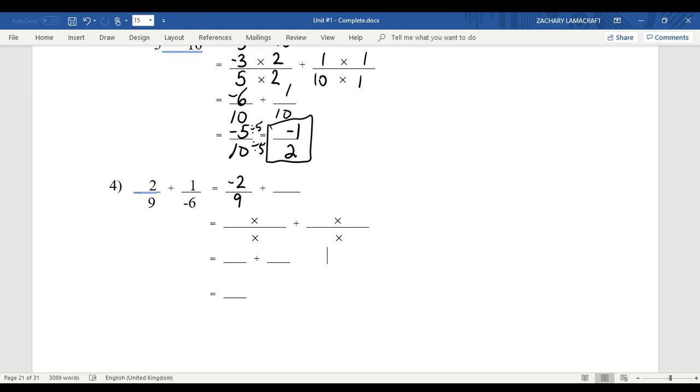I apologize. What do I have to do with that, Nazir? Move it here, right? Is that where you're getting at? Yeah, so we always put that negative sign on the numerator or the top number, okay? It just makes things a little bit easier, and it just organizes it way better. Especially when we have the same denominator, all we're doing is adding or subtracting on the top. So it just keeps things a lot easier for us to understand, okay?